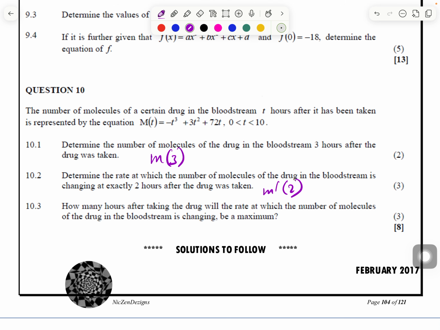Now, the second one: how many hours after taking the drug will the rate, and they're talking about the first derivative, at which the number of molecules of the drug in the bloodstream is changing, be maximum? So you derive that particular M for the second time, and then you solve for t. You get those 8 marks.